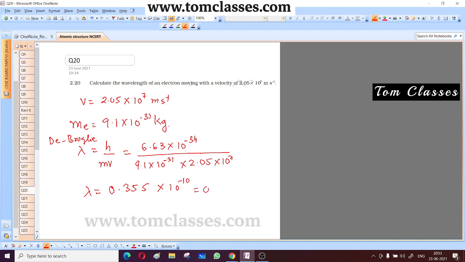So it is 0.355 angstrom, right? That is the wavelength associated with the electron when it is moving with a velocity of 2.05 × 10^7 meter per second. Is that okay? Yes, sir. All right, now let's see the next one.